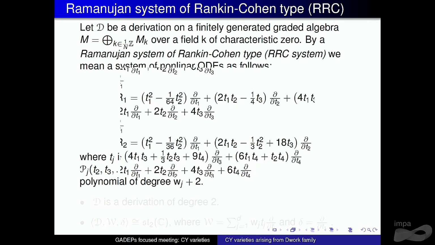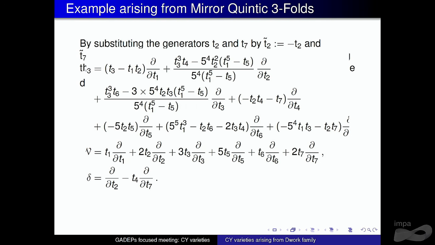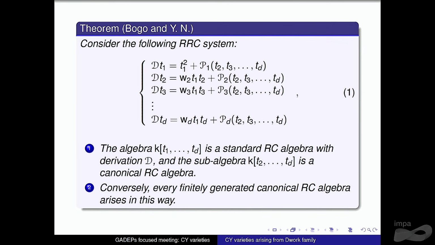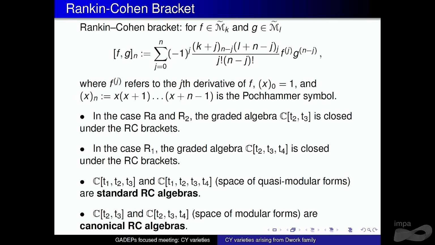But in this definition that I considered here, actually Rankin and Cohen, if you see, F is a quasi-modular form of weight k, G is a quasi-modular form of weight L, and we consider these strange relations between derivations of F and G. Then in the case that F and G are modular forms, the nth bracket of F and G remains again a modular form.